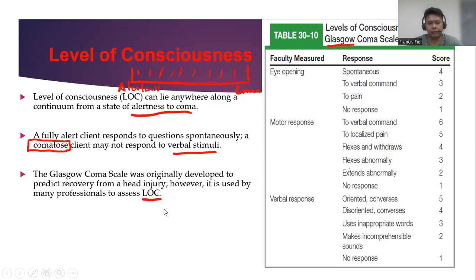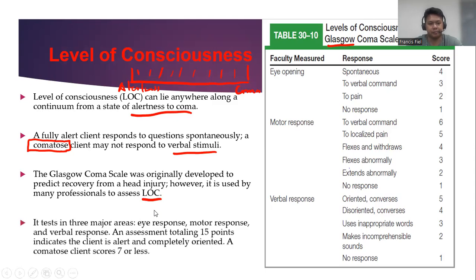Excuse me. So, level of consciousness. The test covers three major areas: the eye response, the motor response, and the verbal response. An assessment totaling 15 points indicates the client is alert and completely oriented. Pag 7 naman or less, ibig sabihin comatose.